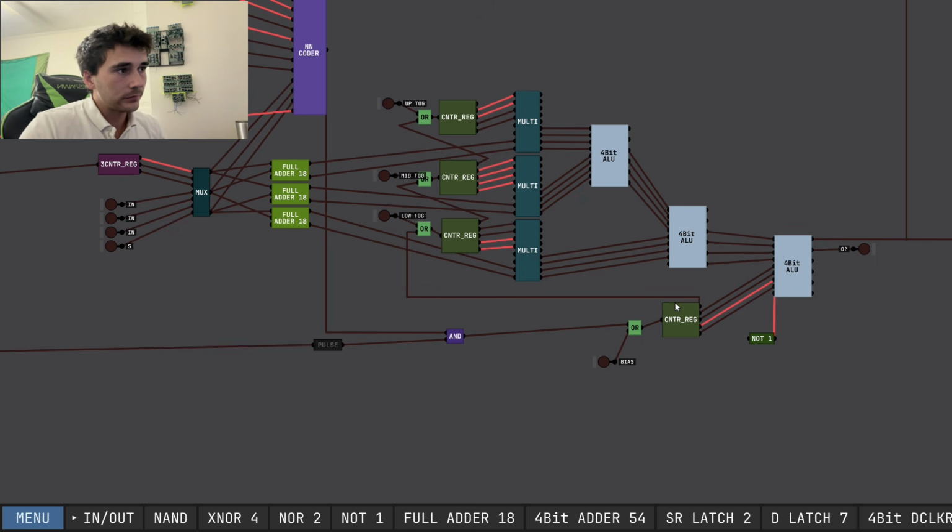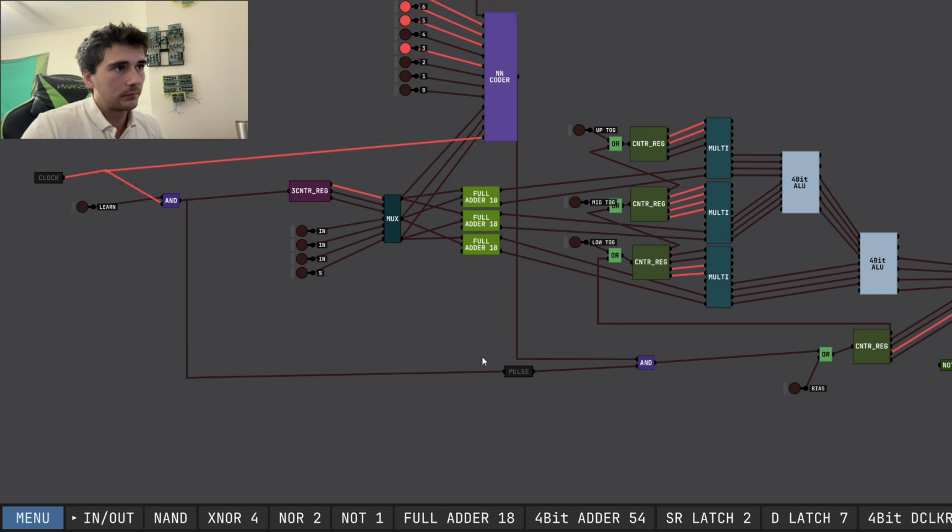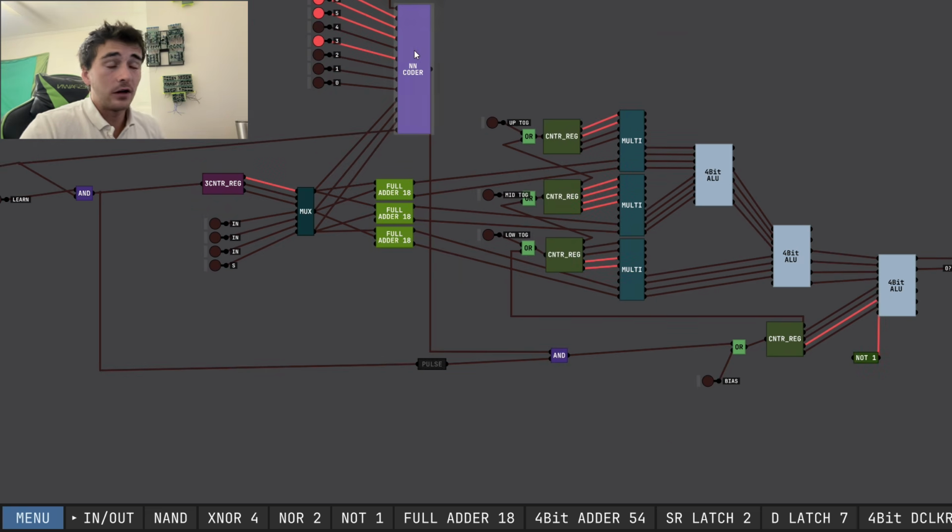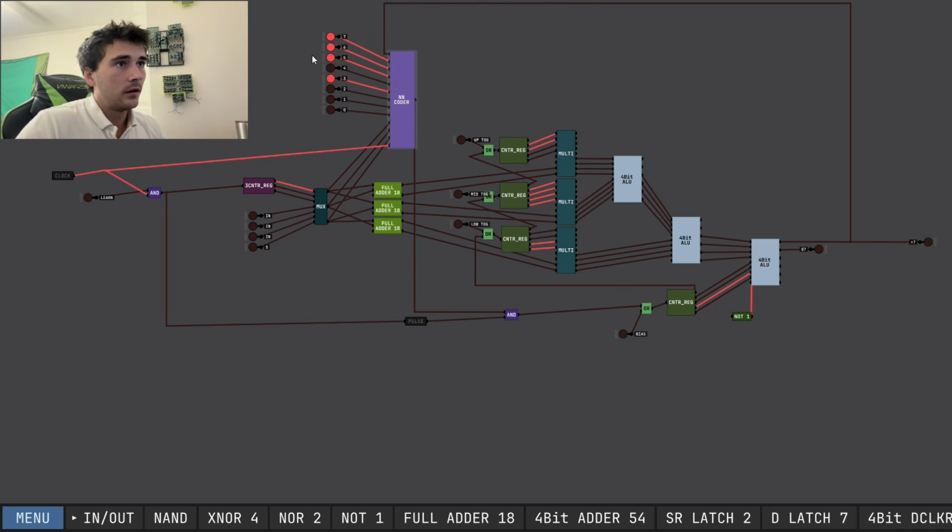So the way it works is this right here, and I'll explain in a second, tells us if the output equals the desired output that we programmed corresponding to the number that's present on the board. And if it doesn't equal the same, then it outputs this as high.